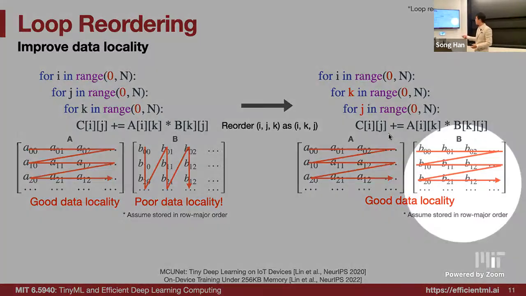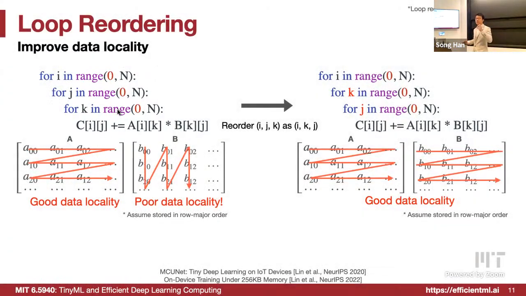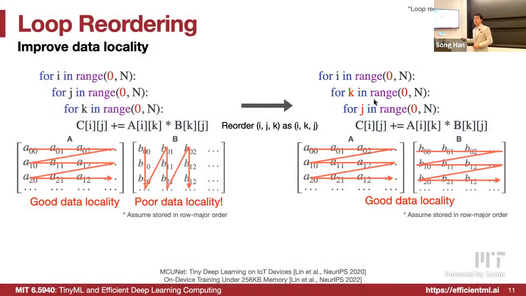Using the previous approach, C is ij, so they're in the outer loop. So we can just focus on computing one C, and all the A's and all the B's associated with that particular C element. Once it's done, we move forward to the next C. So very good output locality. But here we have many partial results for C. So the locality for C will be worse compared with the first implementation.